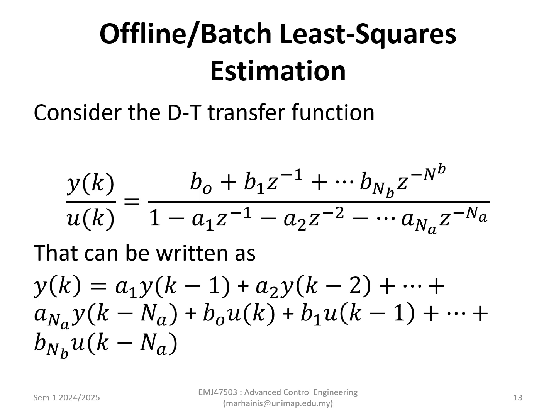Consider the discrete time transfer function yk over uk equal to b0 plus b1 z^-1 plus up to bnb z^-nb over 1 minus a1 z^-1 minus a2 z^-2 minus up to ana z^-na. That can be written as yk equal to these equations. So you can arrange from this equation to this equation.